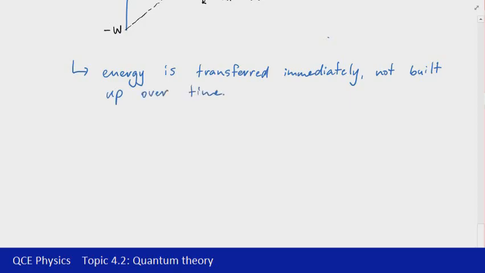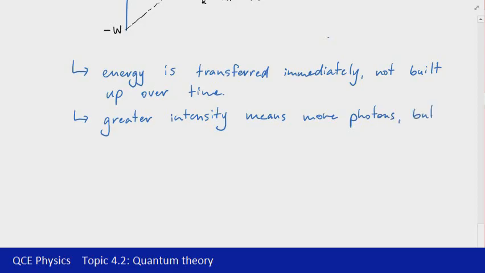And finally, the greater intensity of light doesn't mean that we have more energy in a wave. What it means is that we have more photons. And because each photon has the same amount of energy, that means that we have more total energy, but each photon still has the same energy.